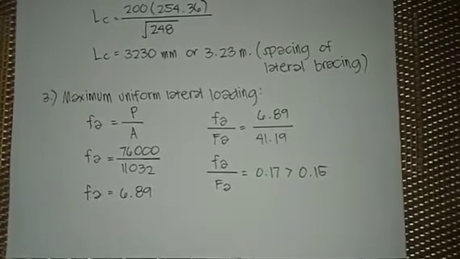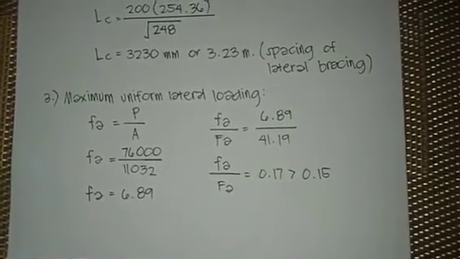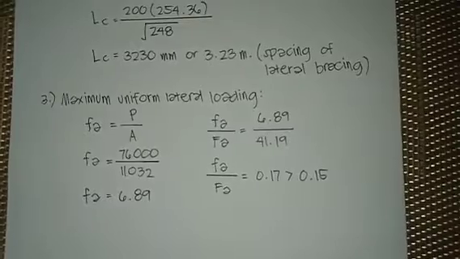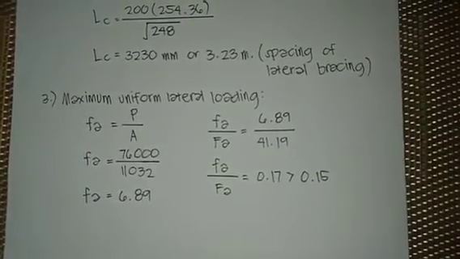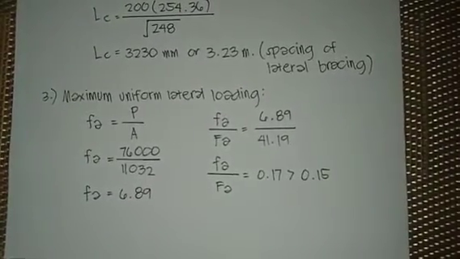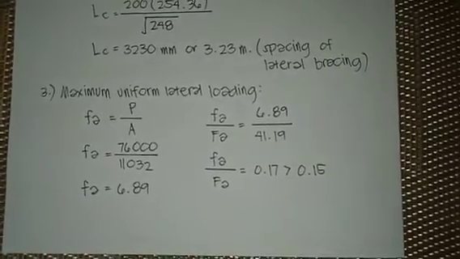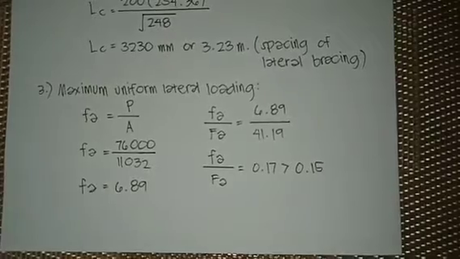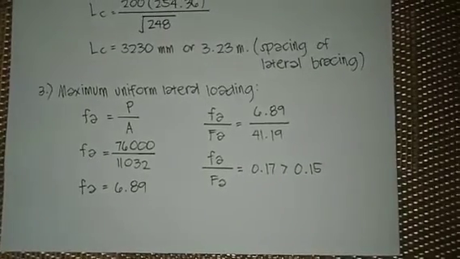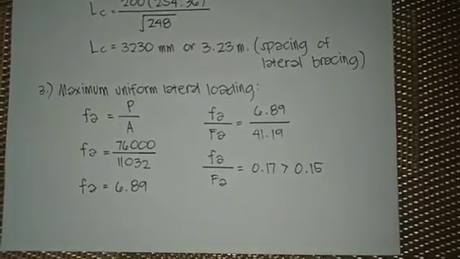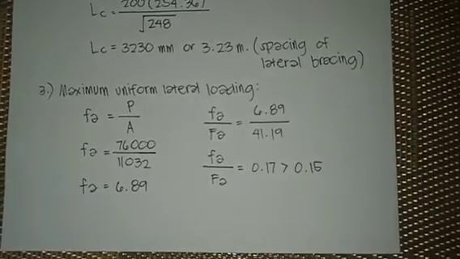So, axial stress over axial compressive stress, substituting the two, is 6.89 over 41.19, which is equal to 0.17, which is greater than 0.15.